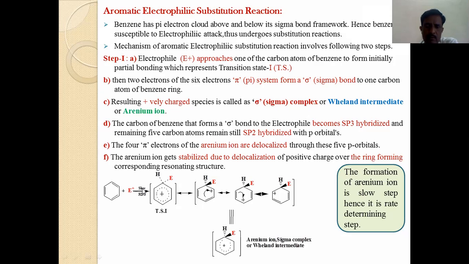Again I'm repeating, the formation of the arenium ion, sigma complex or Wheland intermediate is the slow step, and that's why it is known as the rate determining step of this reaction.